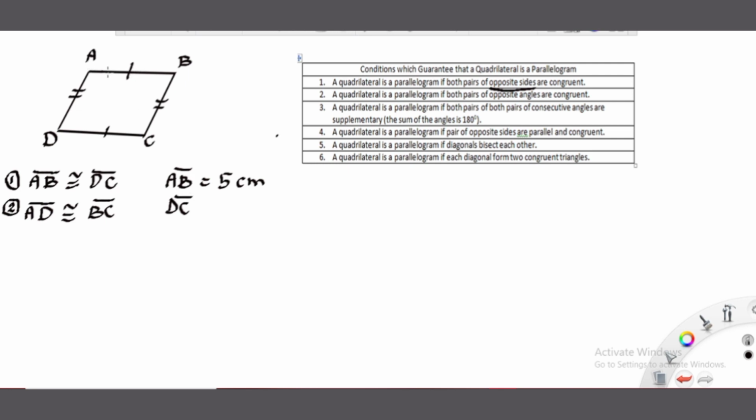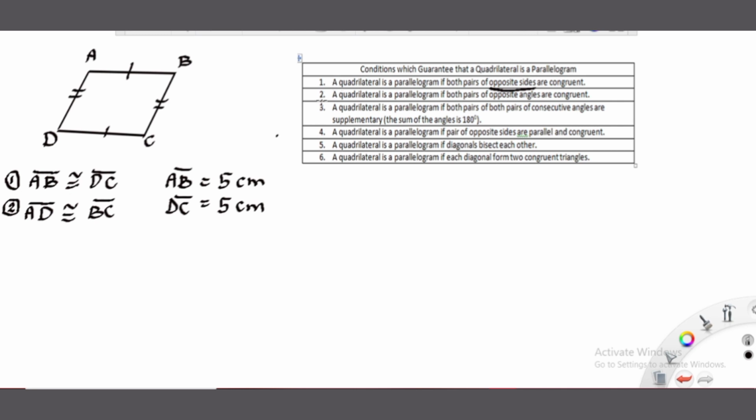Since AB and DC are opposite sides, DC is also equal to 5 centimeters. Or if we write an equation about this, we can say that AB is congruent to DC. So that's the first condition.